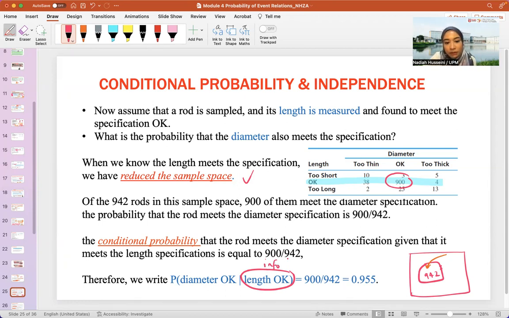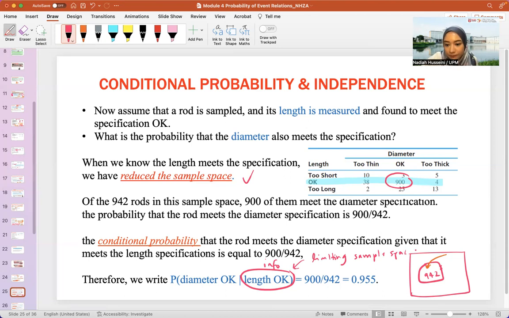So this is very important. If you see this type of conditional probability, you have to know that the second part of this is always the first info. This is your limiting info, the info that is reducing your sample space, not the diameter. You should limit your sample space based on your info, which is the second part of this bracket.